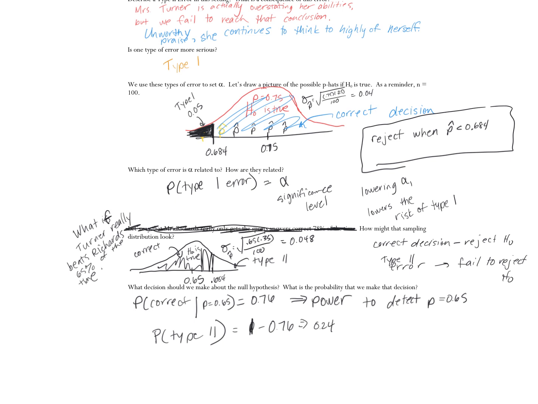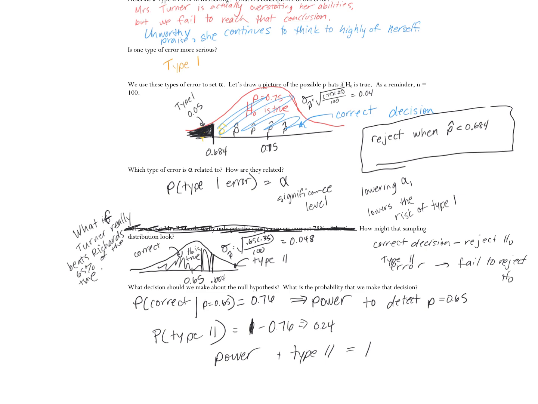Power is the probability you make the right decision when the alternative is true. Type 2 is the probability you make the wrong decision when the alternative is true. Okay? So the power plus the type 2 error will always equal 1. Because they're basically the two different decisions you could make when the alternative hypothesis is true.